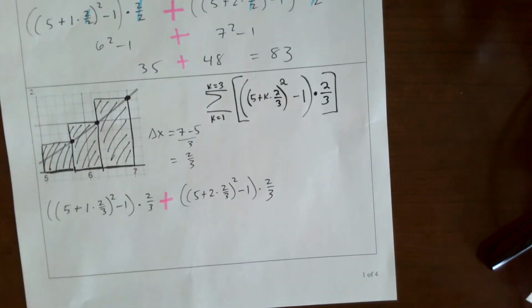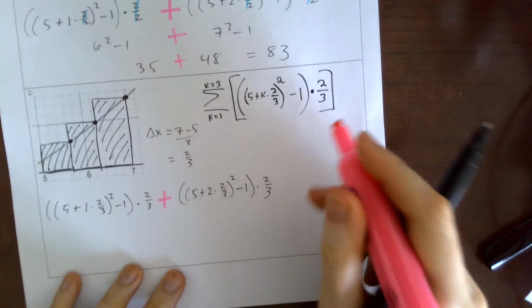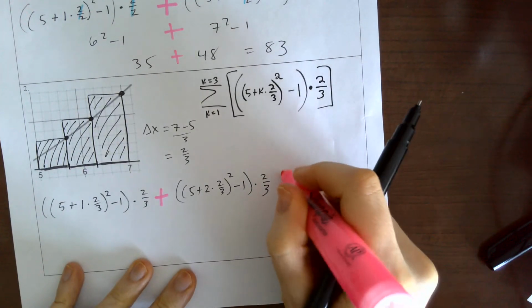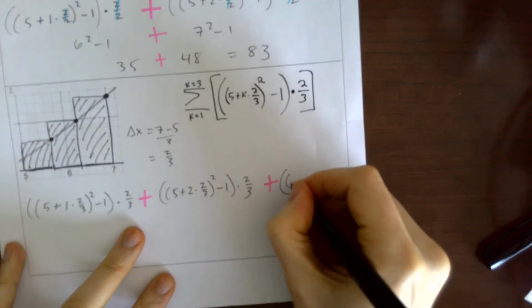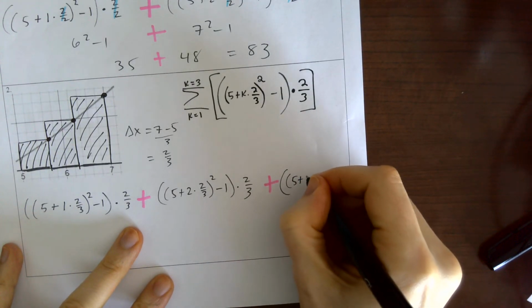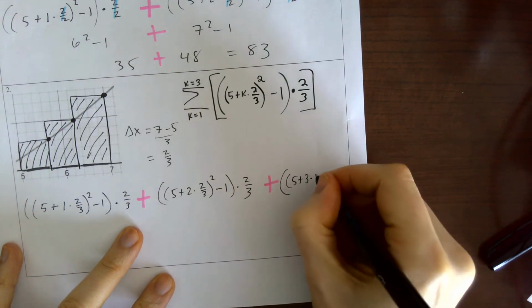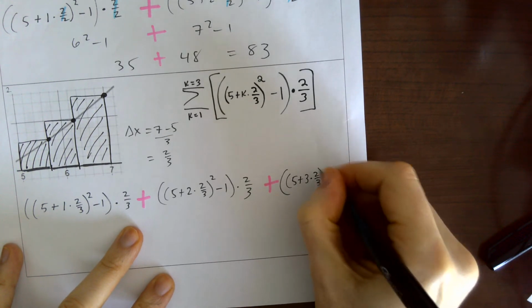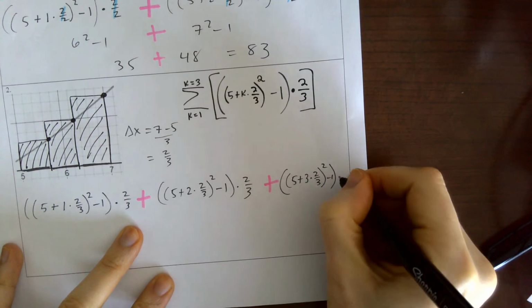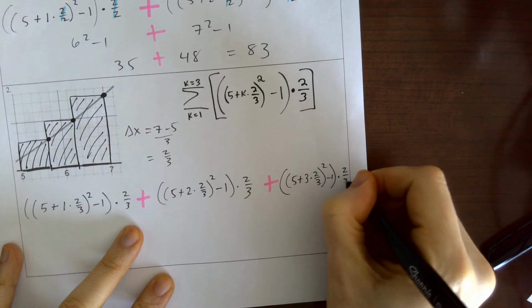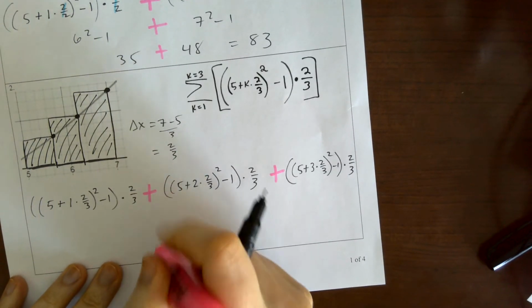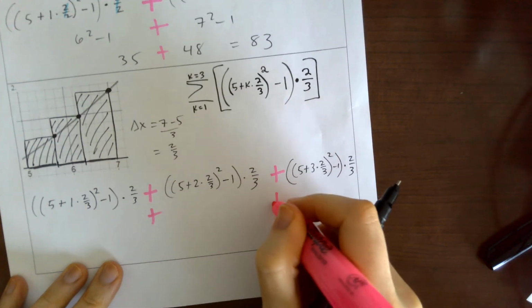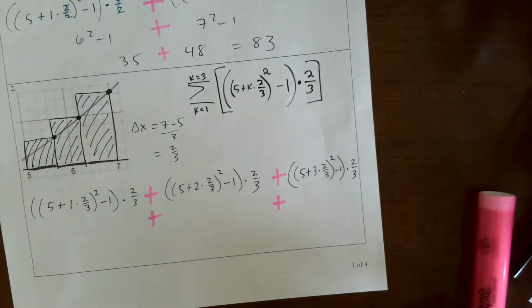That's the second term of this sum. Plus the third and last term: (5 plus 3 times 2/3) squared minus 1, times 2/3. Now we have to add up those 3 numbers.